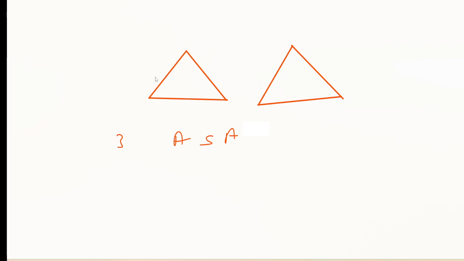Here, if two angles, suppose this is 60, this corresponding is 60, and this is 6 centimeters, this is 6. So two angles and the side included between them, two corresponding angles, so we can say that this triangle and this triangle are congruent.